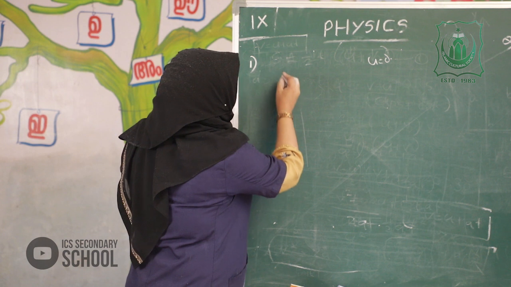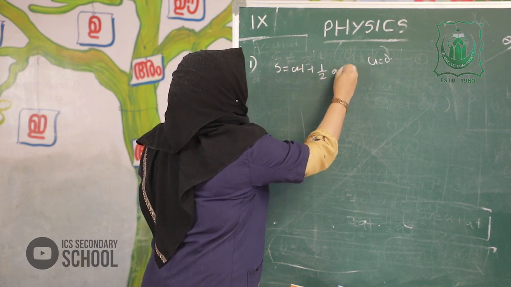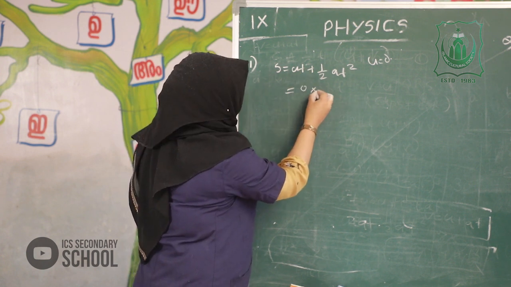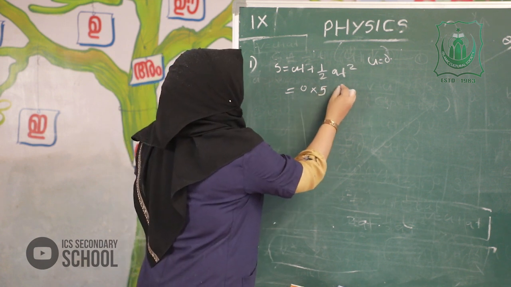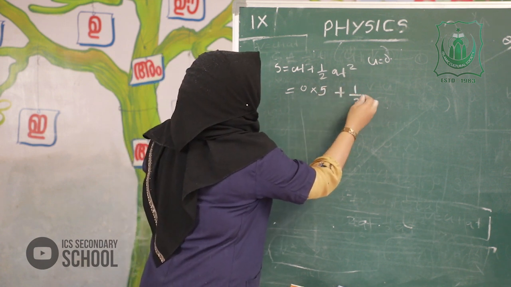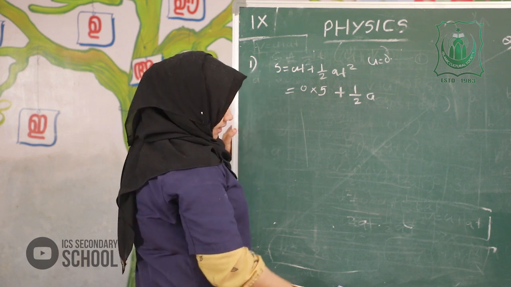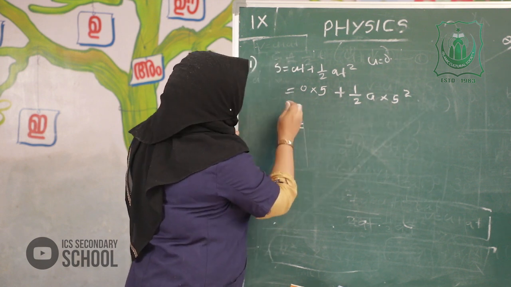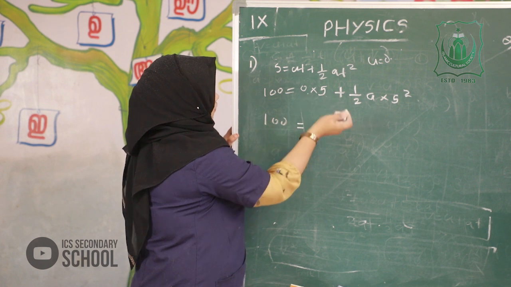Okay. So, our equation s is equal to ut plus half at square. You put value 0. What is the time here? 5 seconds. Then half into a into t square, what is t? Yes, 5 square. Here displacement is given, 100. 0 into 5, 0.